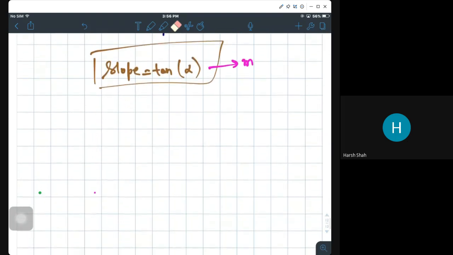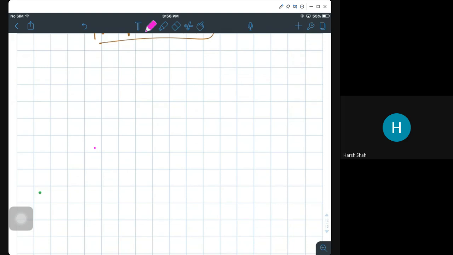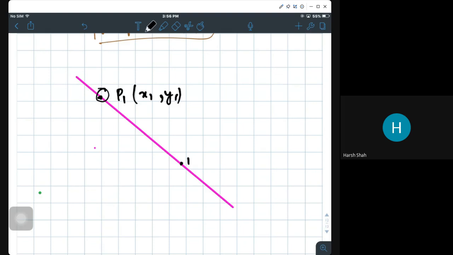Let's consider this line. I don't know the angle of inclination, but I know 2 points on this line, let's say P1 and P2, x1 comma y1 and x2 comma y2.